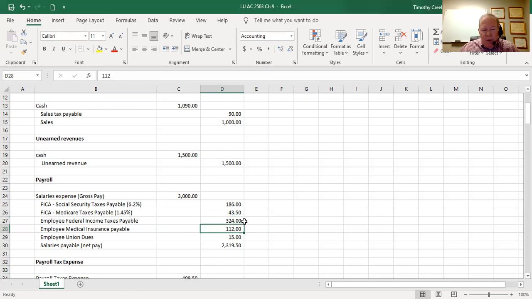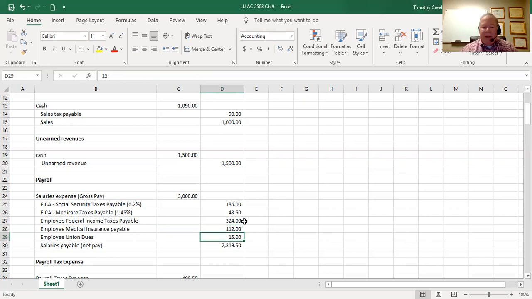Now, employee medical insurance payable. Typically, companies pay a lot of their employees' healthcare benefits, but typically the employee has to pay some. And so whatever the employee is paying for medical insurance is taken out of their check, and that's what this represents here.